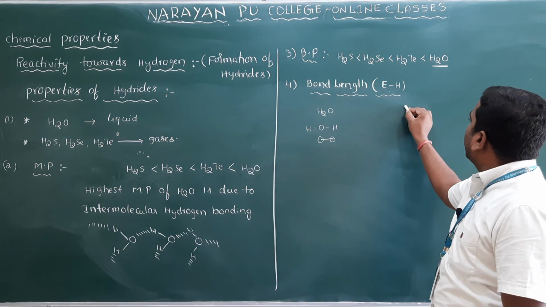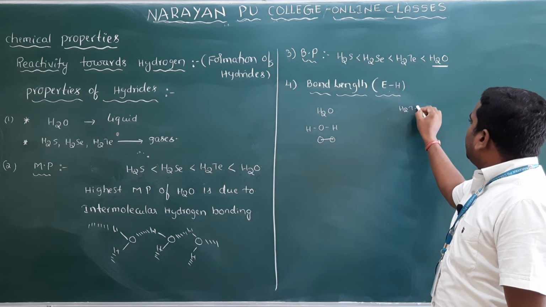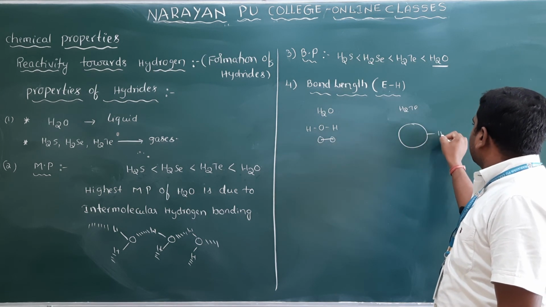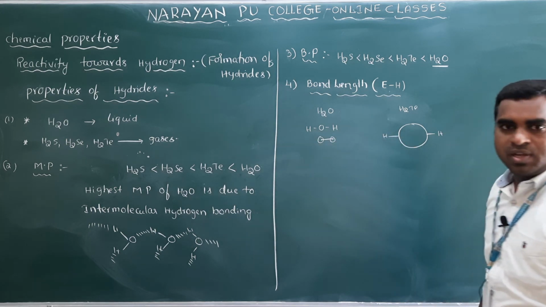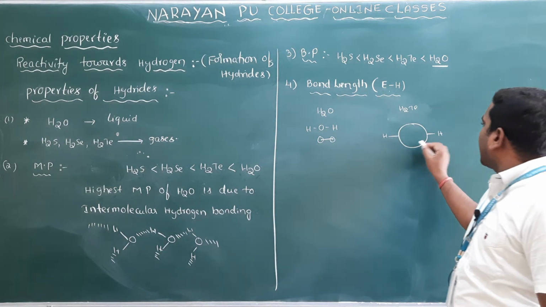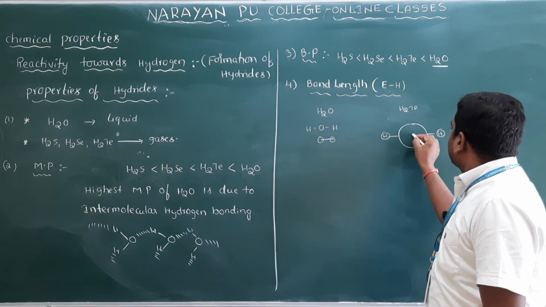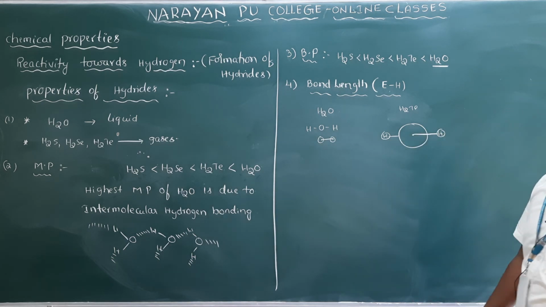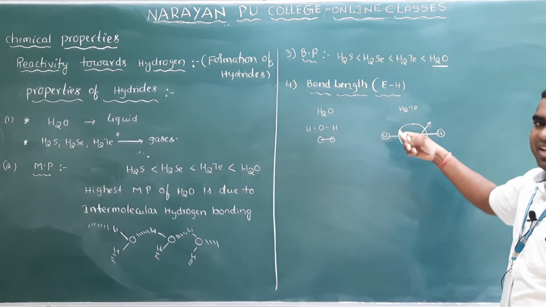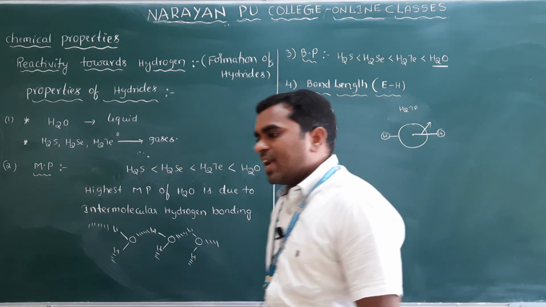Here if I take H2Te, Te is a big atom, so this is the bond length. Automatically bond length increases as the size of the central atom increases.